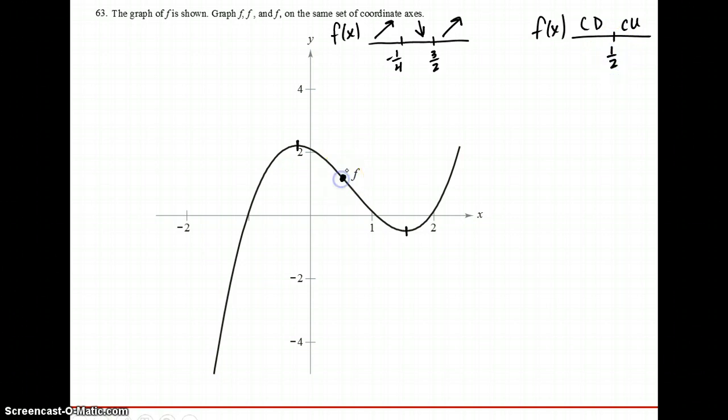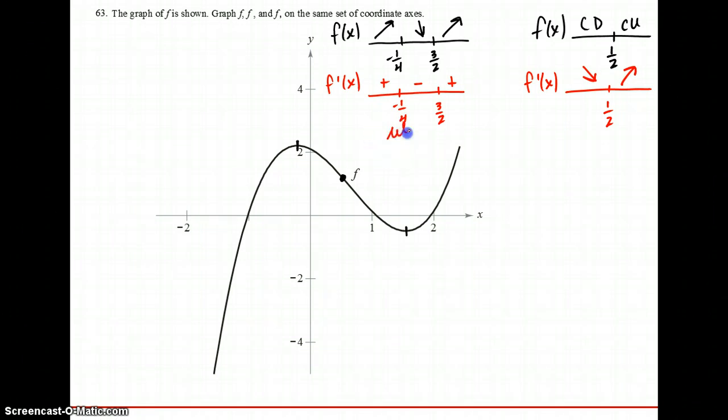All right, without actually finding the derivative, we don't know what the x value is. Okay, so the first derivative is going to switch from positive to negative at -1/4, and then from negative to positive at 3/2. And the first derivative is going to change direction from decreasing to increasing at 1/2.